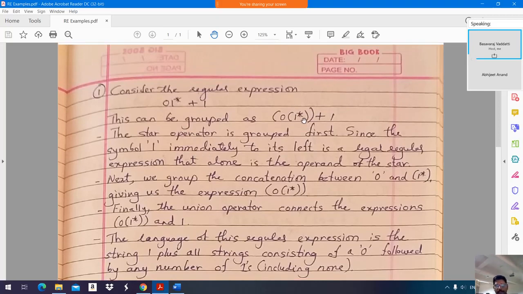And the parentheses I have applied here are not necessary. By default, the star is applied first because it has the highest precedence, and then concatenation is applied between 0 and 1 star, which has the second precedence. At the third place, union is applied. That is, these parentheses are not necessary here.